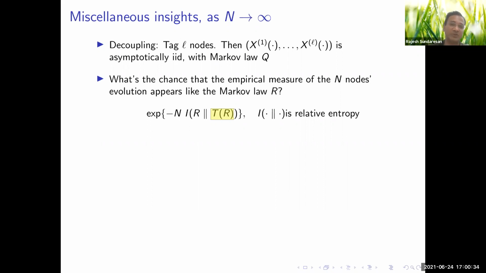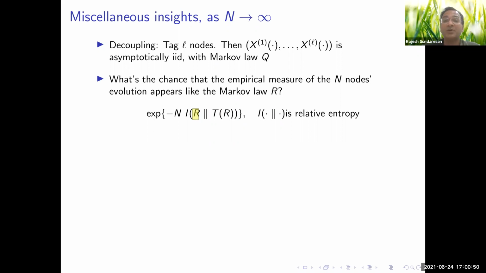It's just that the nominal should come from the R itself. So the probability that you will see an empirical measure in the neighborhood of R is e to the minus n times the relative entropy between R and the response for this R.